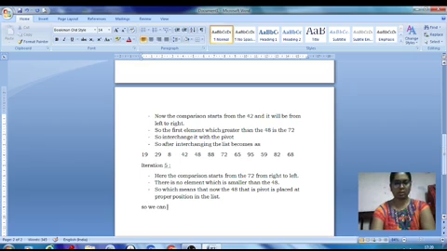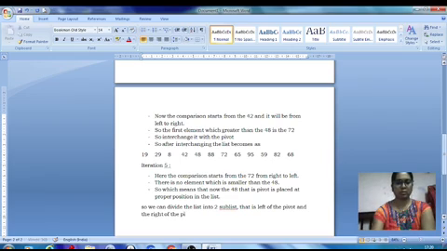So we can divide the list into two sublists, that is the left of the pivot and the right of the pivot.